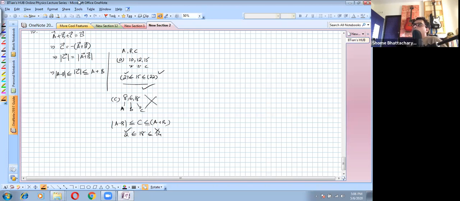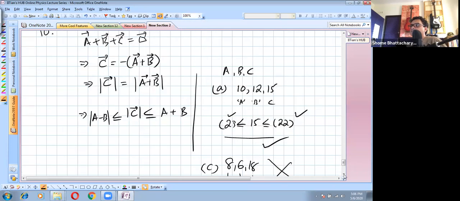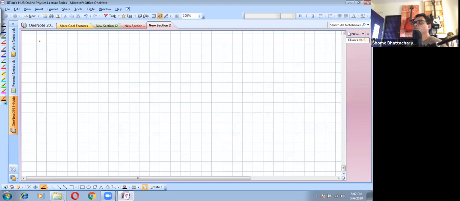Now the next couple of questions, 11 and 12, I'm just going to give you a hint because they are comparatively easy. And for the 13th question, I'm going to help solve it, or at least give you the full method. In the 11th question, it's given that mod A is equal to mod B, equal to 10 units each, and the angle between them is 120 degrees.